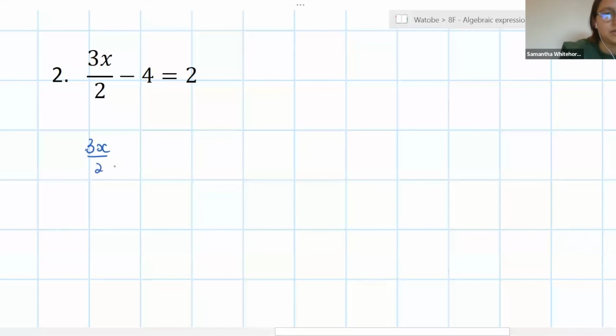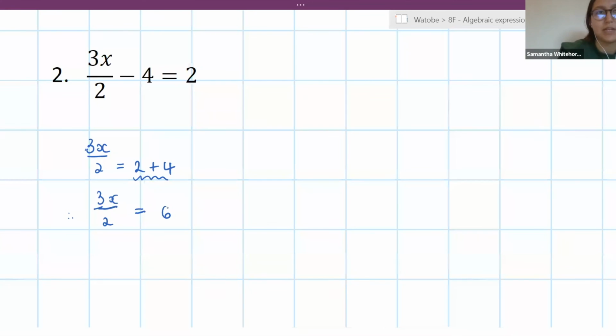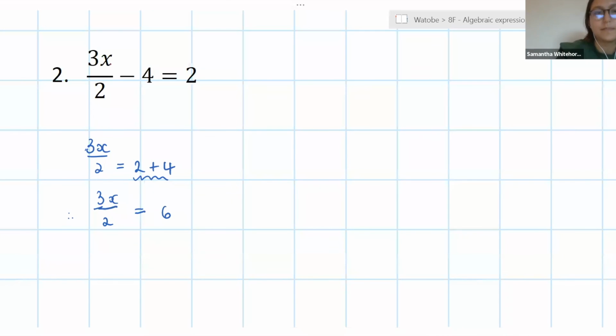Then I got the answer of 3x over 2 is equal to 6 times 2 because I took the denominator and I times it both sides. Okay, cool. Now, have you added the 2 and the 4 together? Yes. Okay, so you've got 6 and then you times that by 2. Yes. Okay, perfect. Keep going.